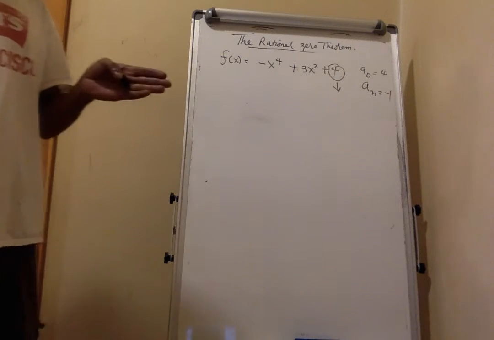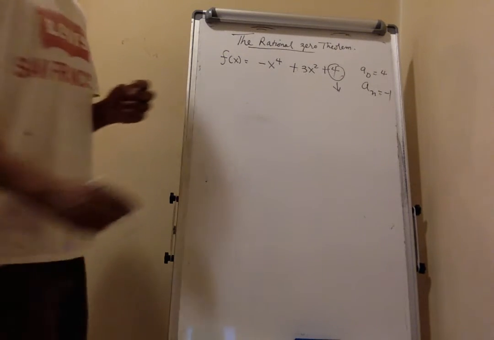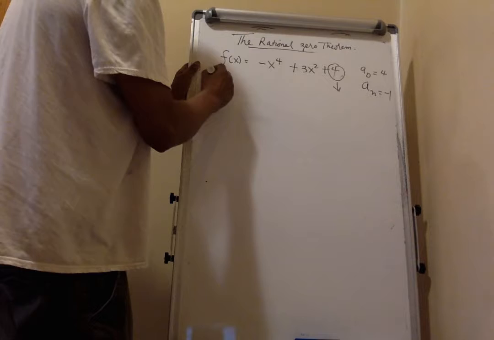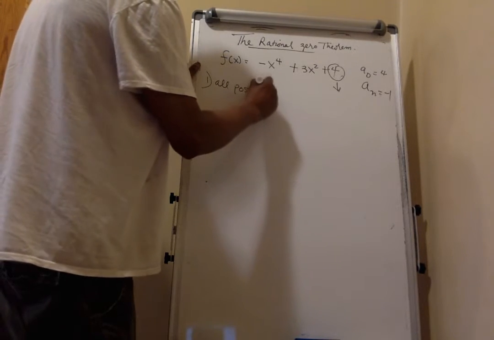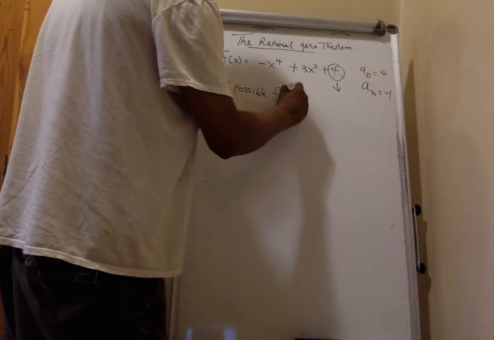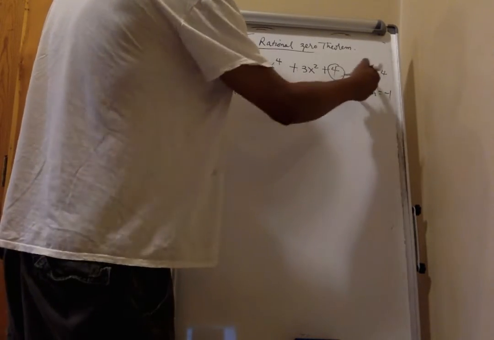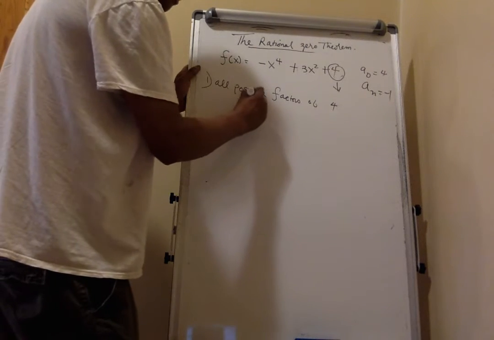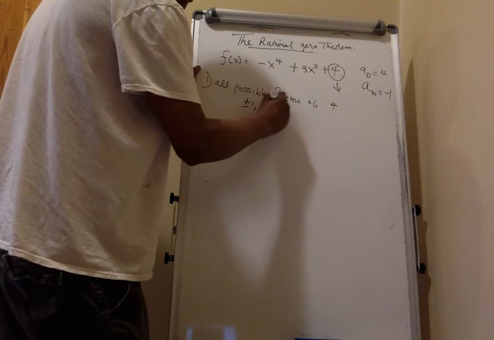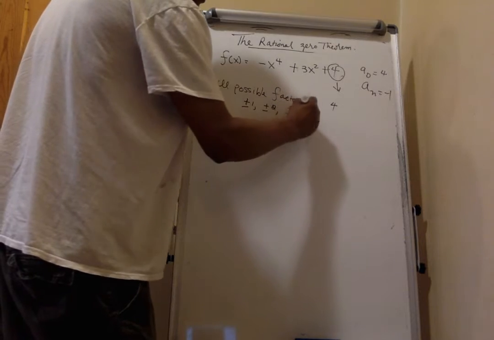And the theorem states find all the possible factors of a_0. So all possible factors of a_0, which is 4, are what? Plus or minus 1, plus or minus 2, plus or minus 4.